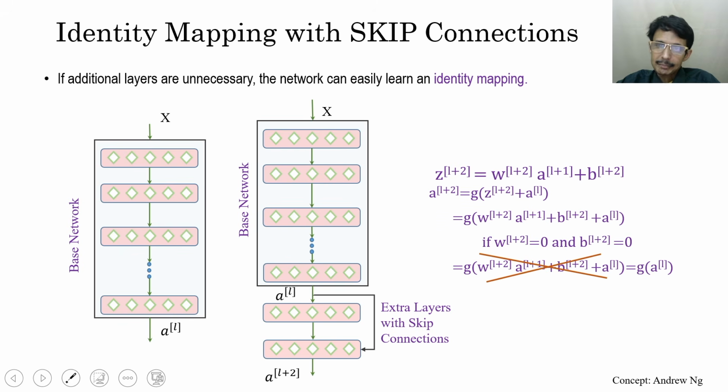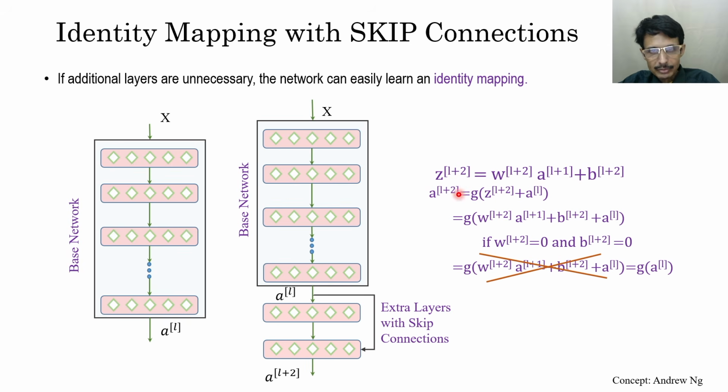Now, what happens if W of L plus 2 is 0 and B of L plus 2 is 0? Then these two layers are not necessary, and this nullifies them. If we don't want to use them, or they are not very important, then W and B are 0. But then A of L plus 2 becomes g of A of L, which is exactly what we want as identity mapping.